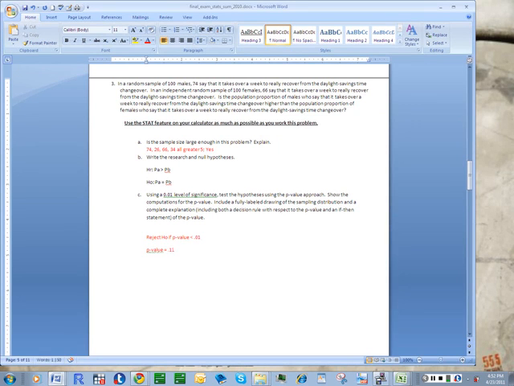Therefore, we fail to reject H0. There may be no difference between population proportions.